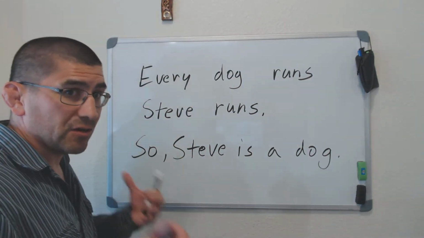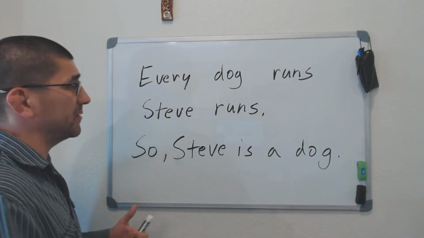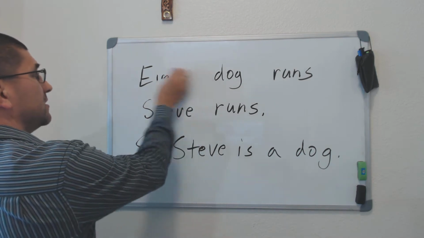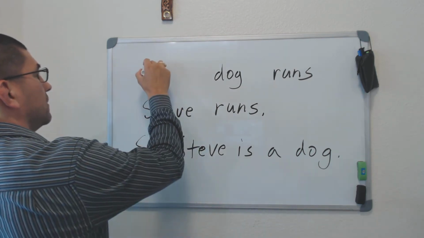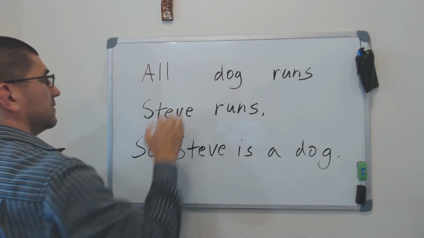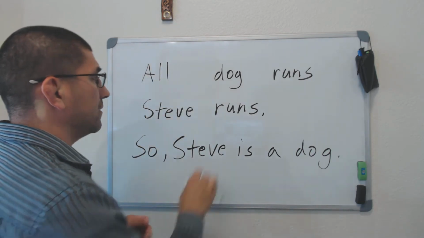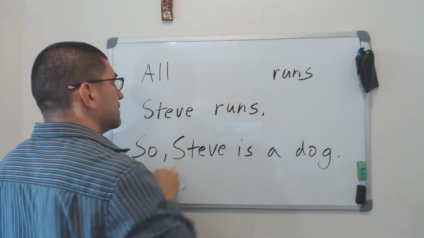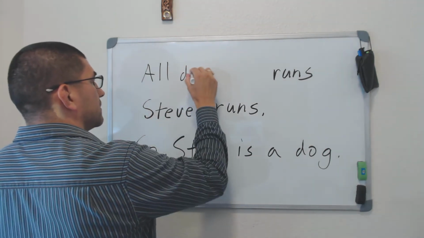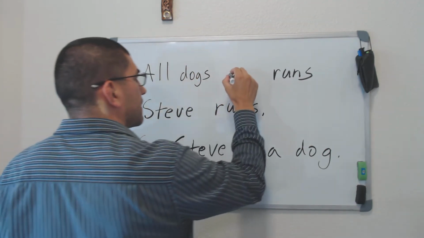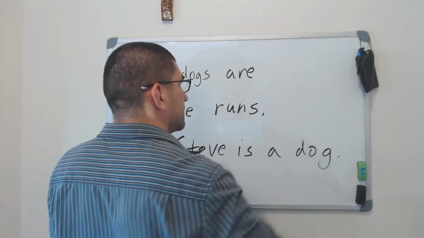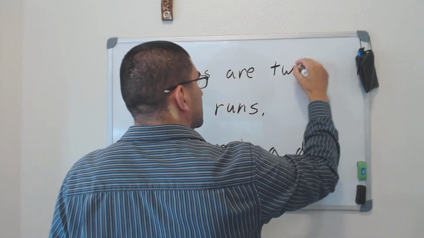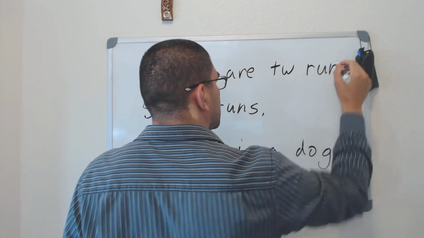using our form for the A statement. I'm going to change the every to all. Okay. All dogs are, I'm just going to scoot this over, that which run.